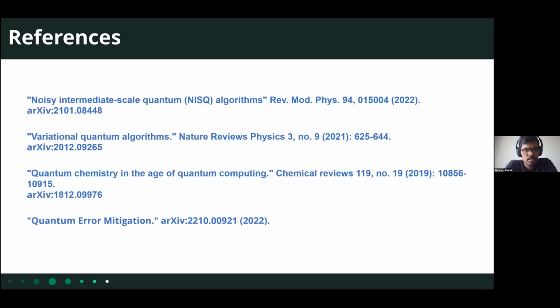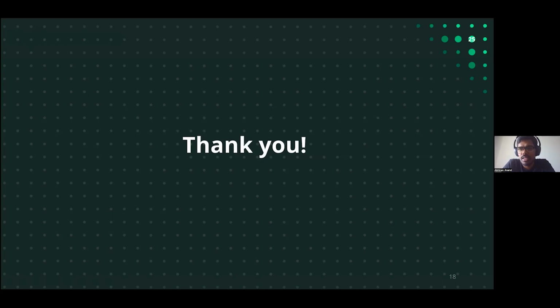Finally, I wanted to leave these resources, which are for different reviews that might be useful to everyone to get a sense of where the field is. With that, I'd like to thank you and would be happy to answer any questions.